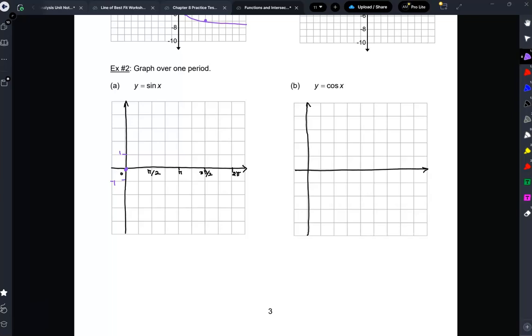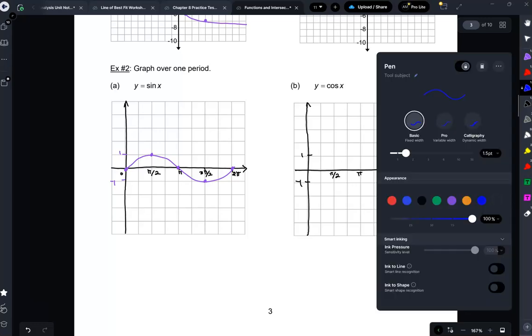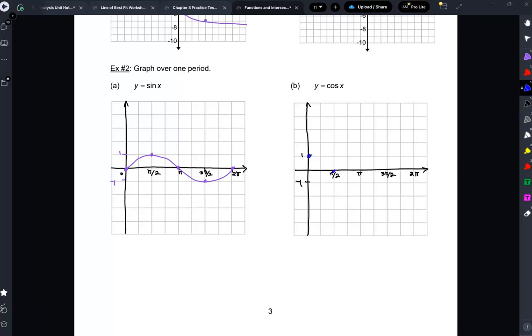We're going to start on the axis, up, 0, down, 0. Same with the cosine. This time I start from up here, and then 0 down here, here. So this is important because you need to know where it's 0, where it's not 0.